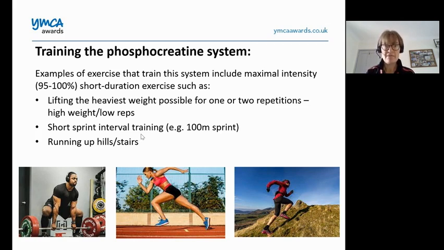Short duration activities and exercises such as the heaviest weight possible for just a few reps, even just 1 to 2 reps, is going to be your real hardcore phosphocreatine system training. So high weight, low reps, very short sprint interval training, say your 100-meter sprint, full maximum effort, or running up hills or stairs, where you're putting maximum effort into it for a very short period of time.